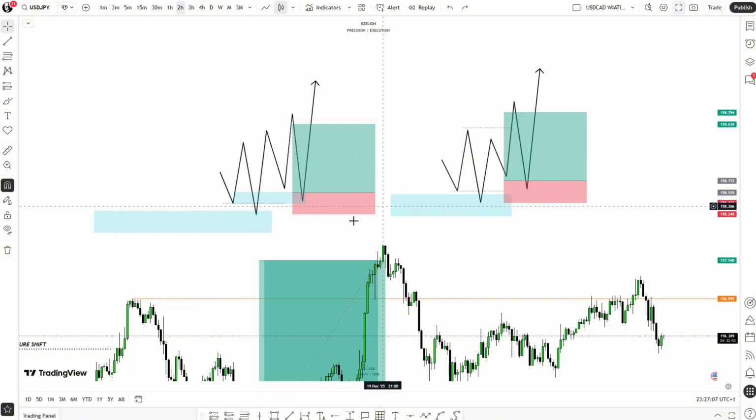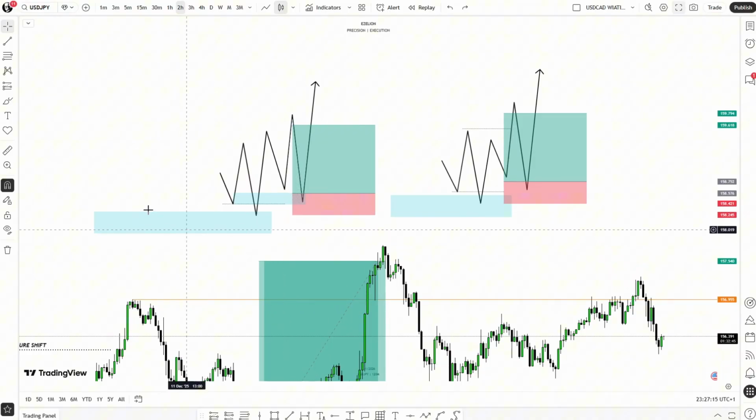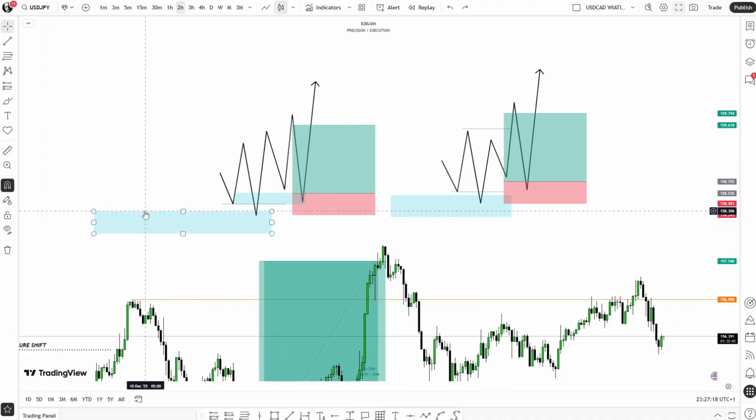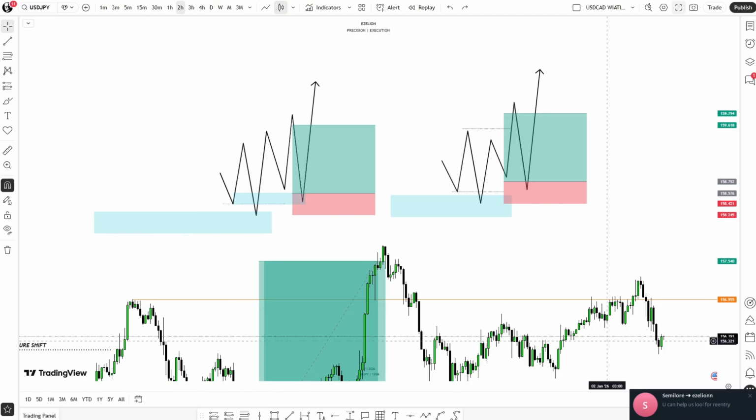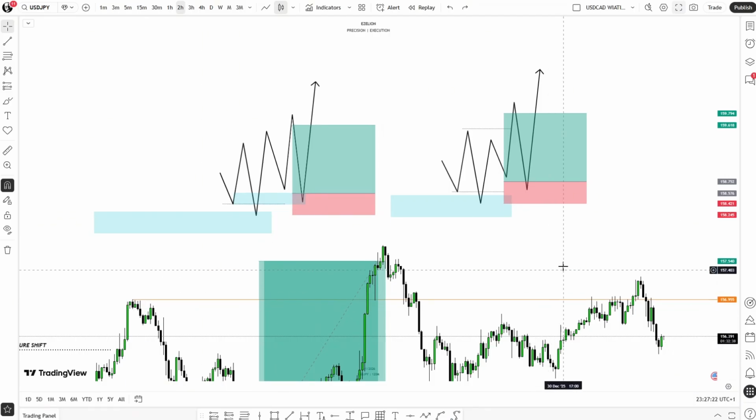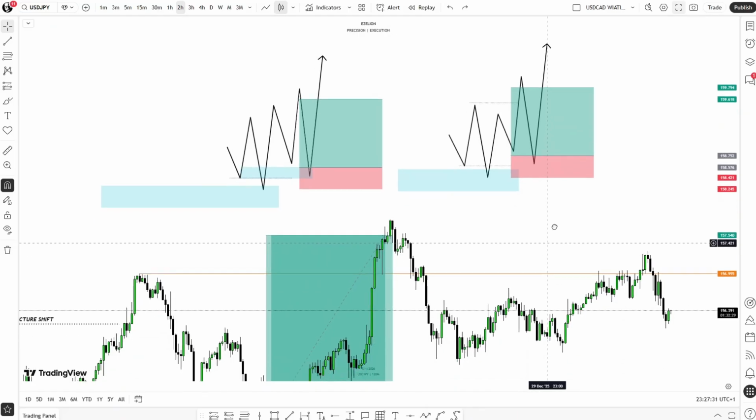If this is happening in the 1 hour, we want to check to see if this is actually occurring in the 4 hour time frame point of interest. So if it's occurring in the 4 hour time frame valid point of interest, don't worry, I'll explain what I mean by valid point of interest. Then we are going to look to see if it's in line with the trend. Then if it's in line with the trend, you're going to take an entry.